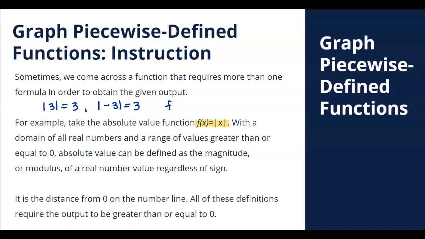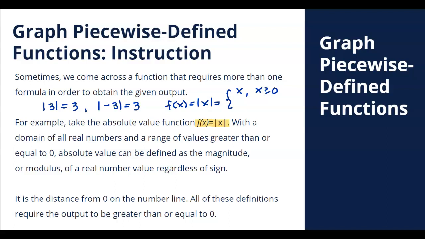Now, this absolute value function, f of x equal to the absolute value of x, may be thought of as x whenever x is positive or equal to 0. So, for instance, when x is equal to 3, the absolute value of 3 is just equal to 3.